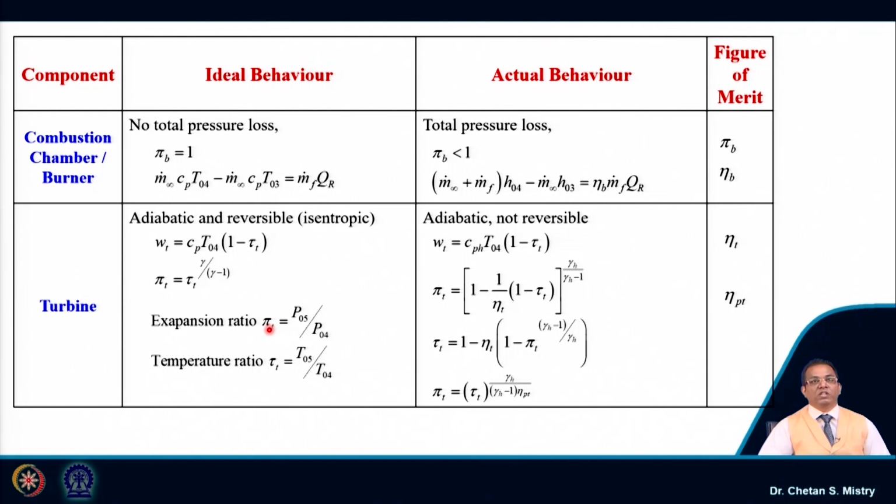And we introduced the terms expansion ratio and temperature ratio. But for actual conditions the process is irreversible, and we introduced the terminology adiabatic efficiency of the turbine, or isentropic efficiency of the turbine, and the other parameter we discussed is the polytropic efficiency.